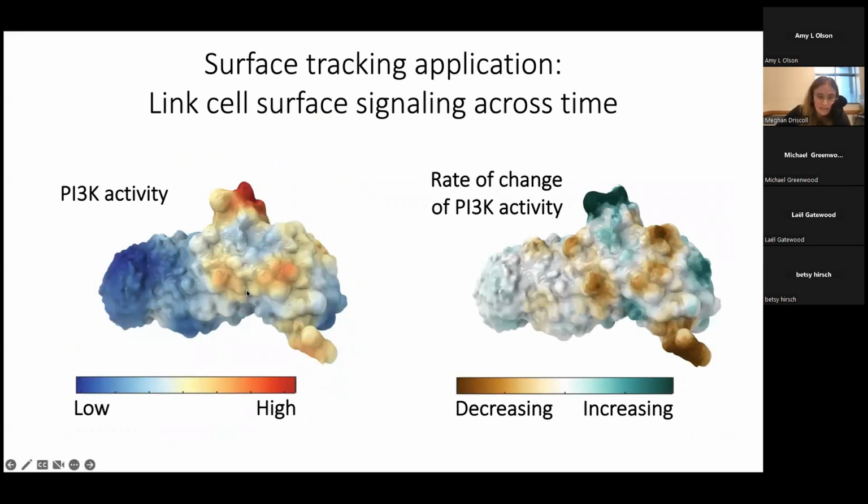So this is PI3 kinase activity, and this is the rate of change of PI3 kinase activity. So we can ask how not only PI3 kinase activity couples to motion, but how a temporal derivative of it couples to motion, or how we can do more complicated derivatives on the cell surface.